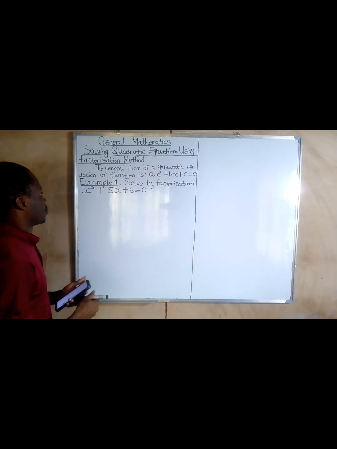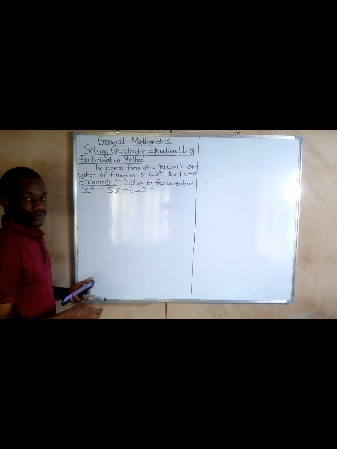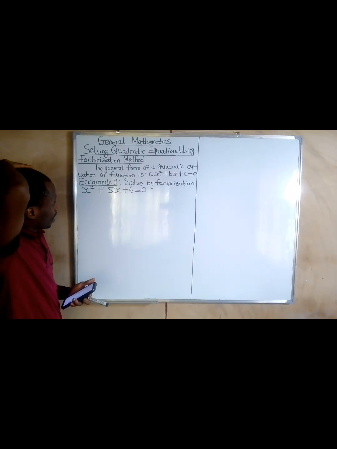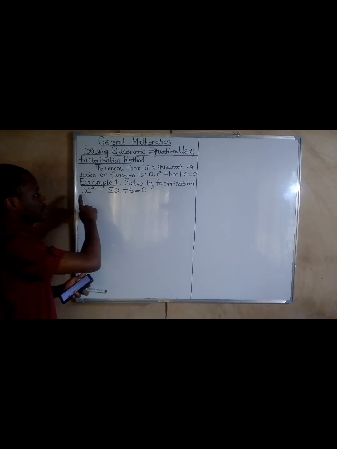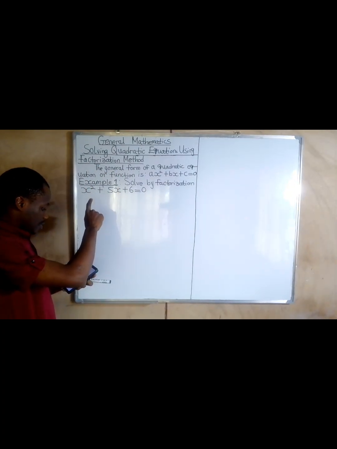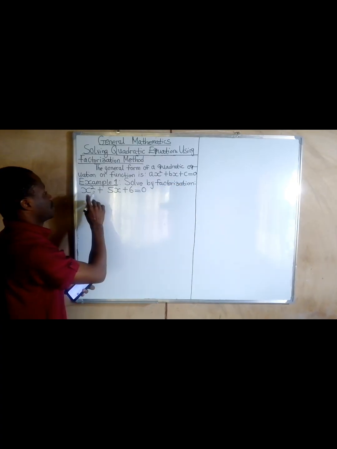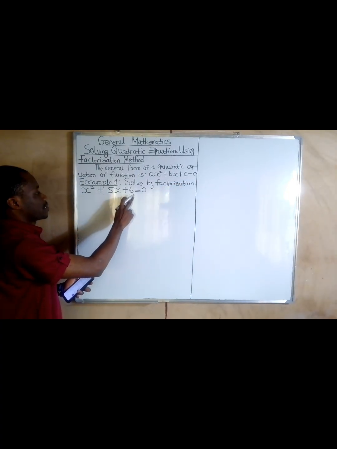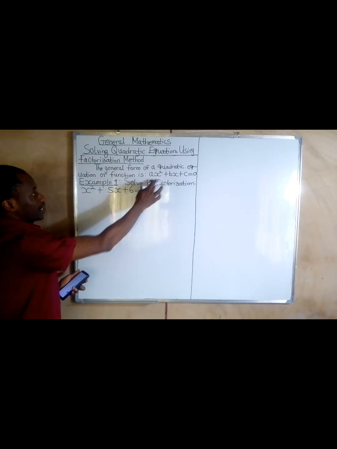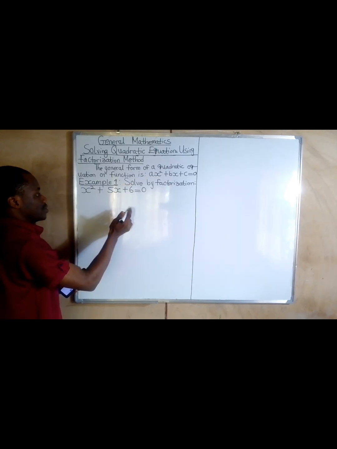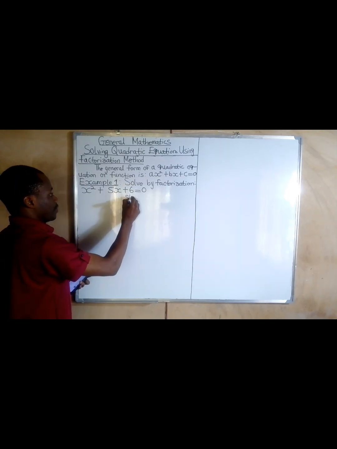Alright, so this is the question we have before us this morning. Solve by factorization x squared plus 5x plus 6 equals 0. If you look at this and this, it looks alike. So that's the general form.